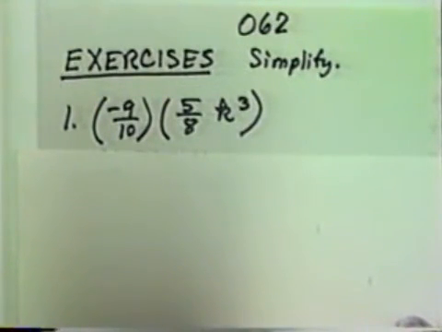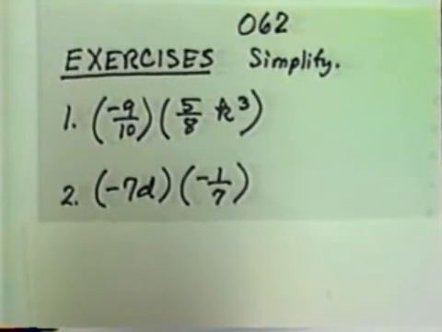The first exercise, simplify, in parentheses, negative 9/10 times, in parentheses, 5/8 k to the 3rd power. Exercise 2, negative 7d times negative 1/7.